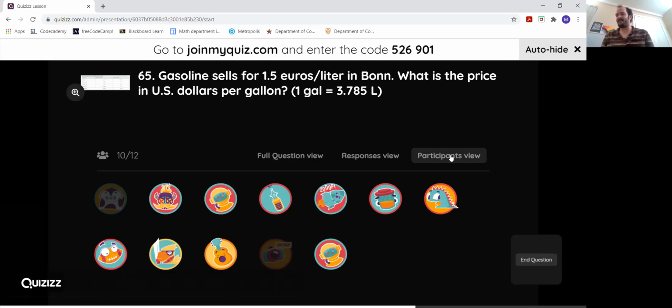And then the other thing that might be a little bit tricky on this is the units. So don't forget your units. Round it to 2 decimal places.